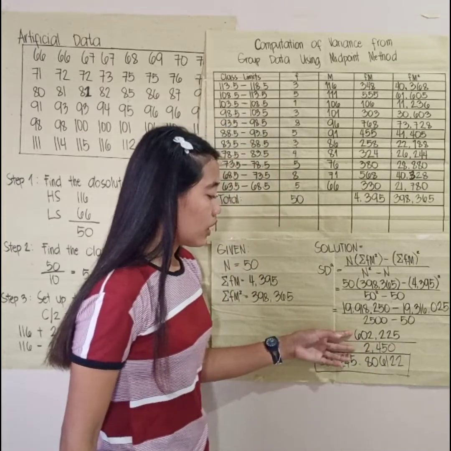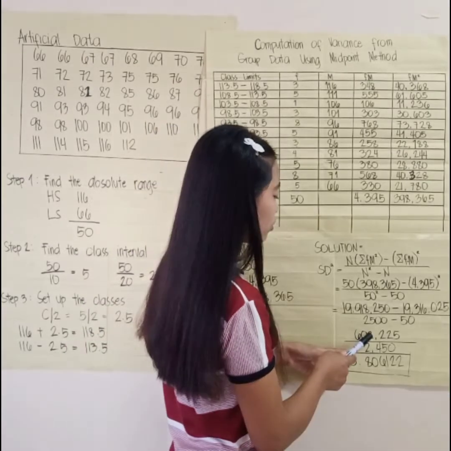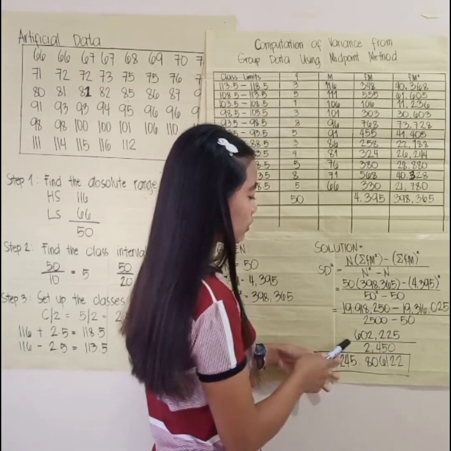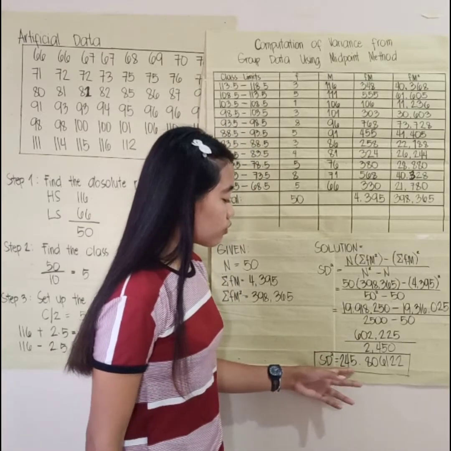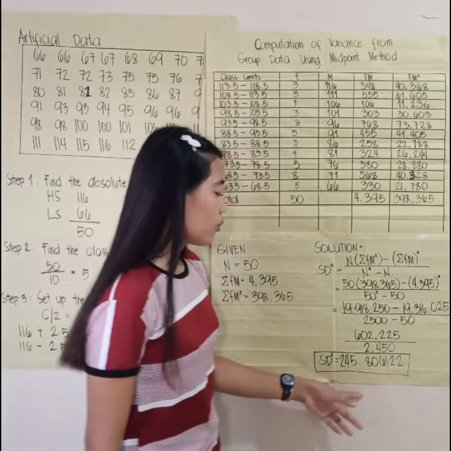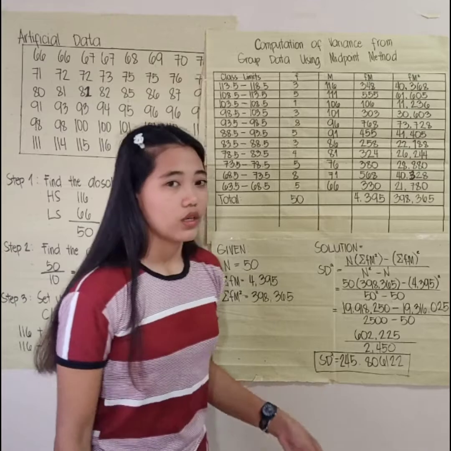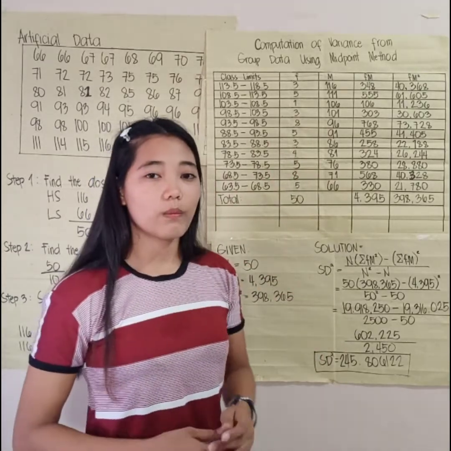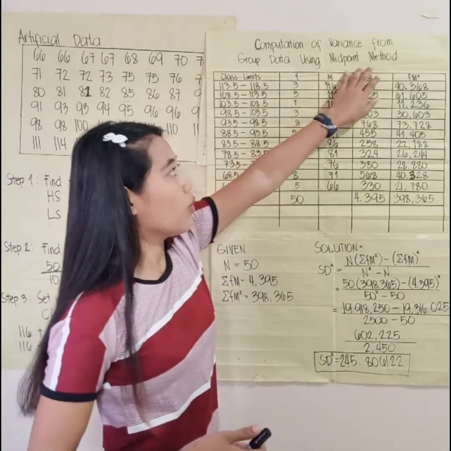After that, let's divide. 602,225 divided by 2,450. The result is 245.806125. So that will be our SD squared. Okay, so that is the process, the steps on how to compute the variance from group data using the midpoint method.